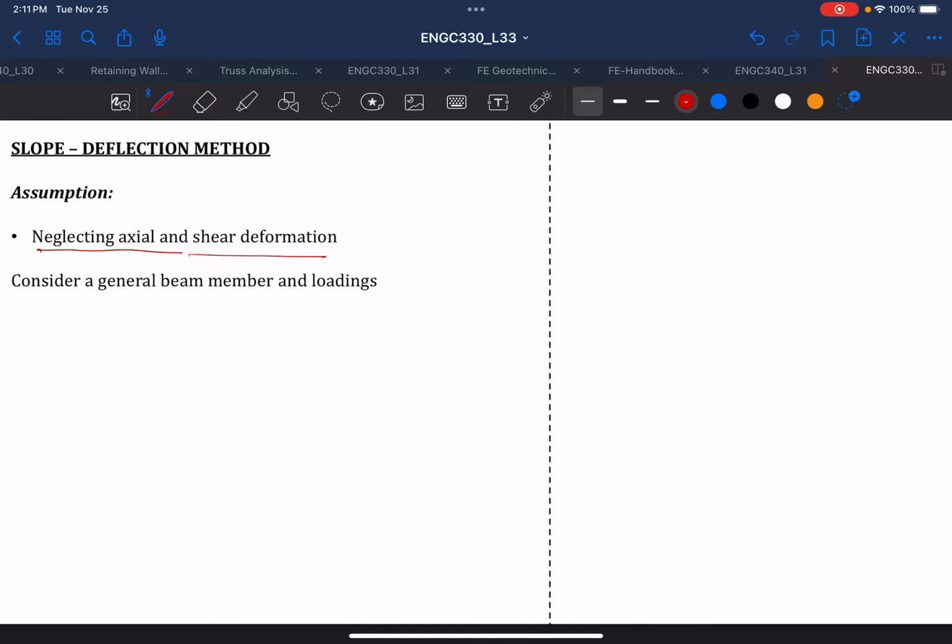So let's say that we have a simply supported beam with a pin connection, and then we have an internal support of roller. Let's say that this is your A and this is B, and let's say that there is a general loading applied.